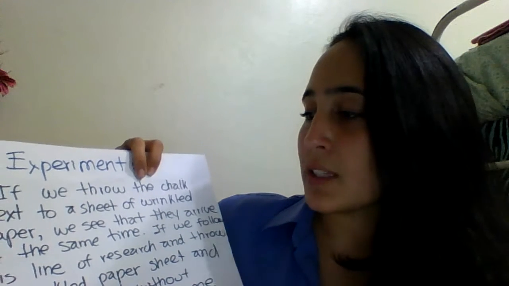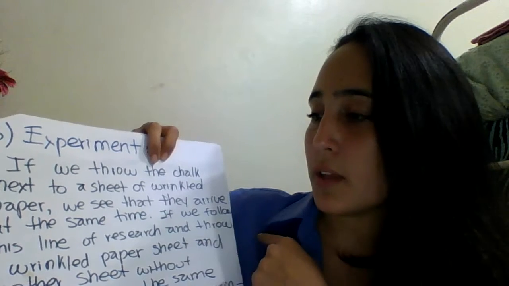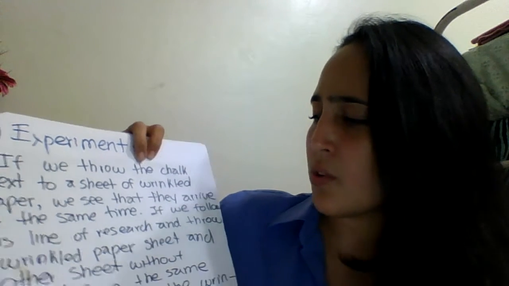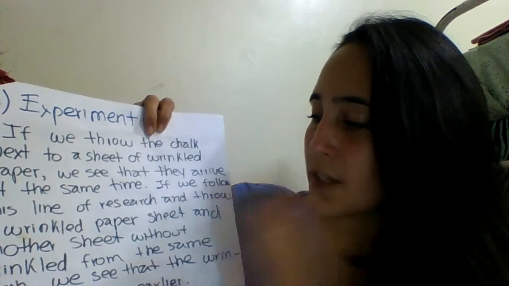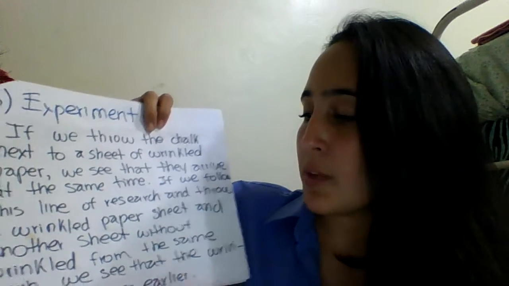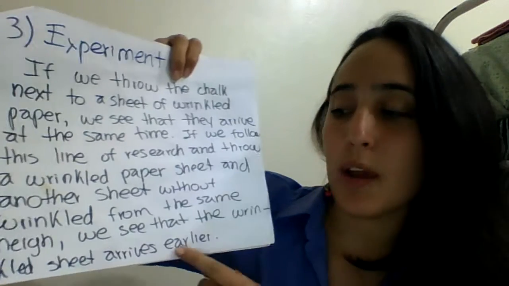If we follow this line of research and throw a wrinkled paper sheet with another sheet without wrinkles from the same height, we see that the wrinkled sheet arrives earlier.